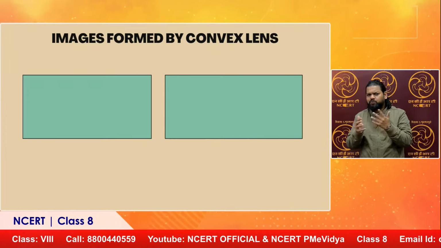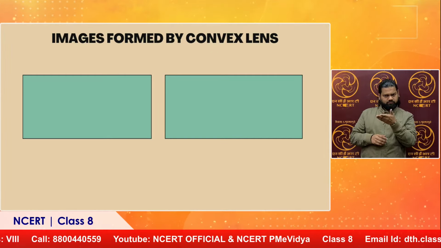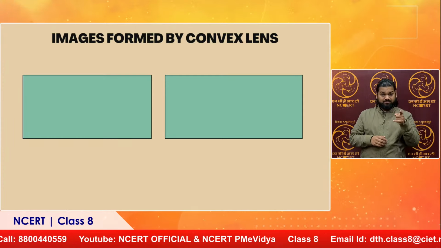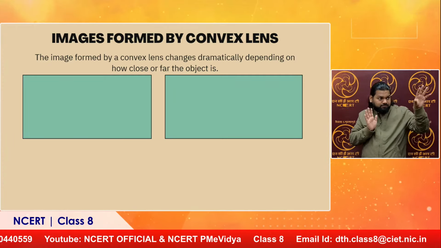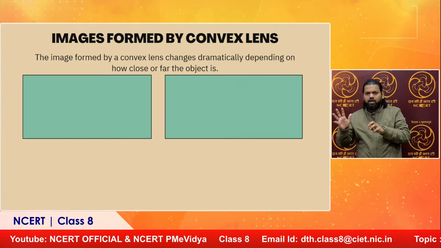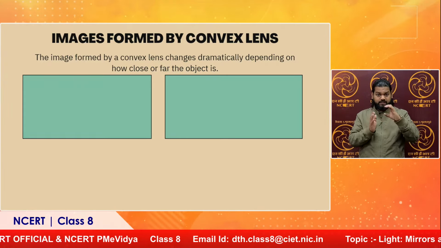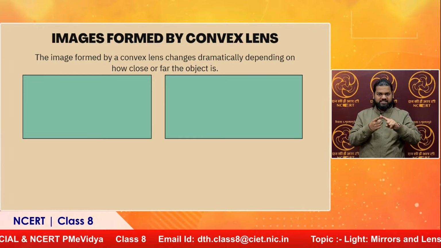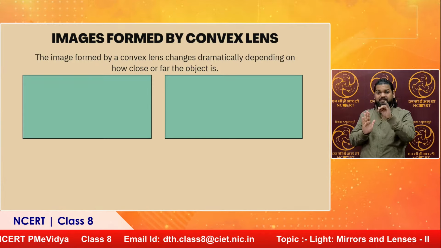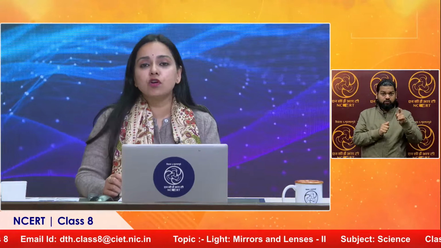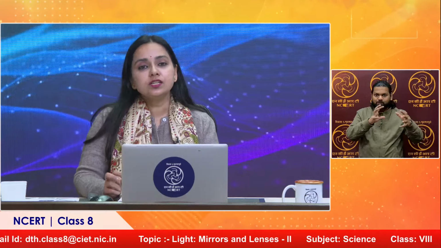We'll see how the image formed by a convex lens appears. Like in the case we have seen for the concave mirror, which has 6 cases, wherein when we change the position of the object, the nature of the image formed also changes. The same is happening here also.